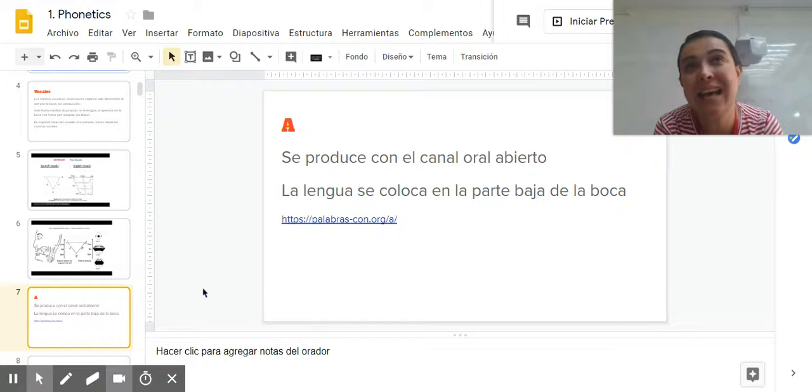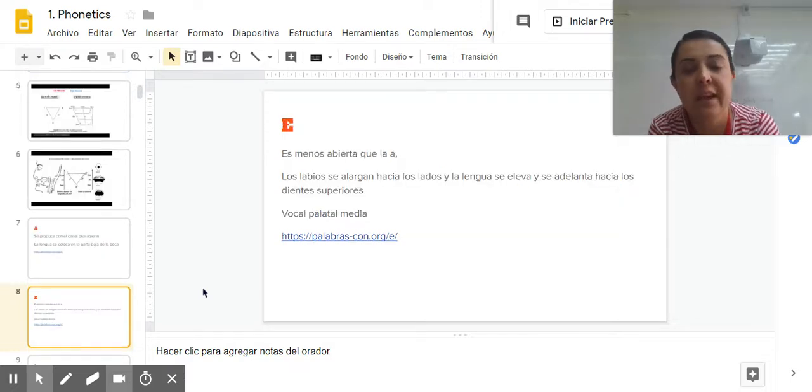It's the same sound that you would make in English to pronounce apple. Same one, apple, apple. We don't have the a sound of the English one. Look how you open your mouth. There's no obstruction to the sound. Next one.